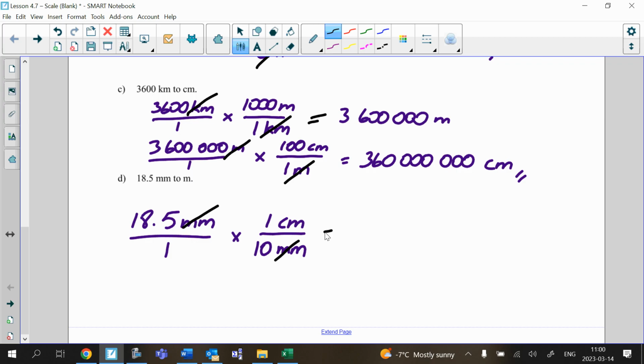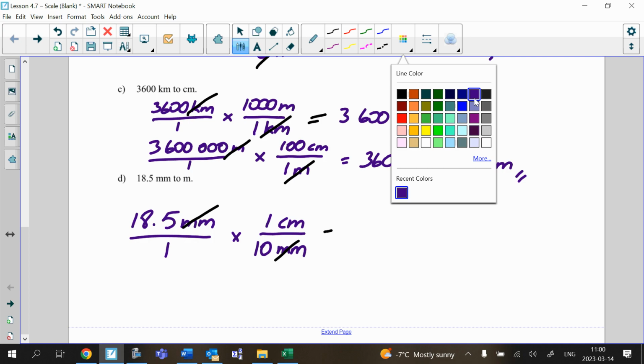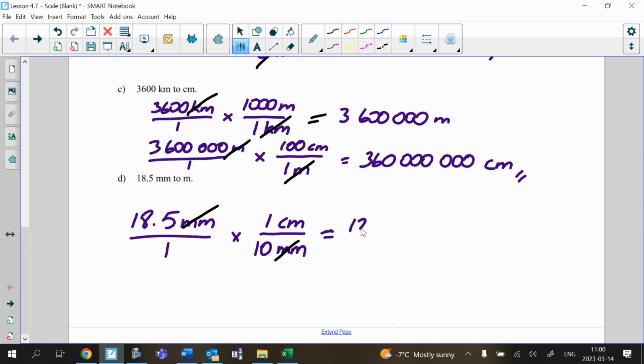So notice in this case, it's going to be 18.5 divided by 10, which is going to give me 1.85 centimeters. I'm still not done because I have to take this to meters.